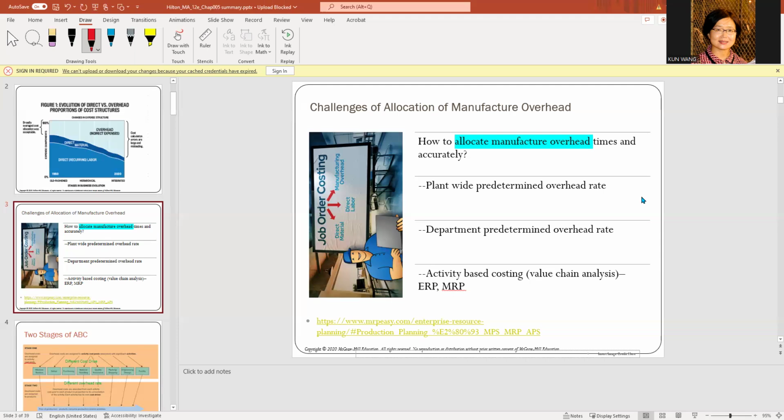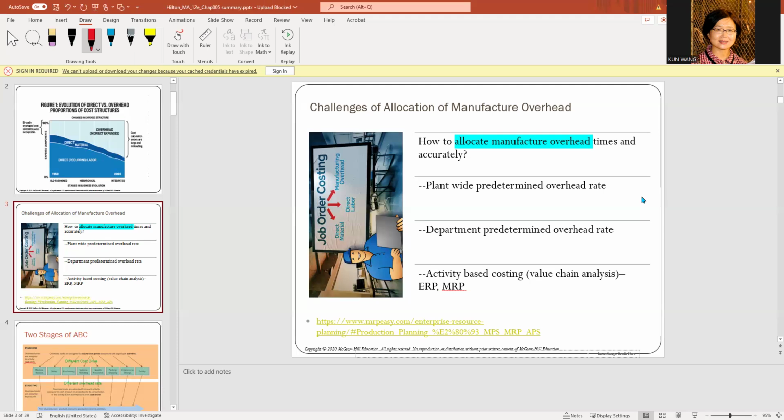With evolvement and the production becoming more diversified, the overhead allocation also becomes more complex than a plant-wide overhead rate, because each department or process or work center has different operational features. Some of the departments are more labor intensive, or some of the processes are more machinery intensive.